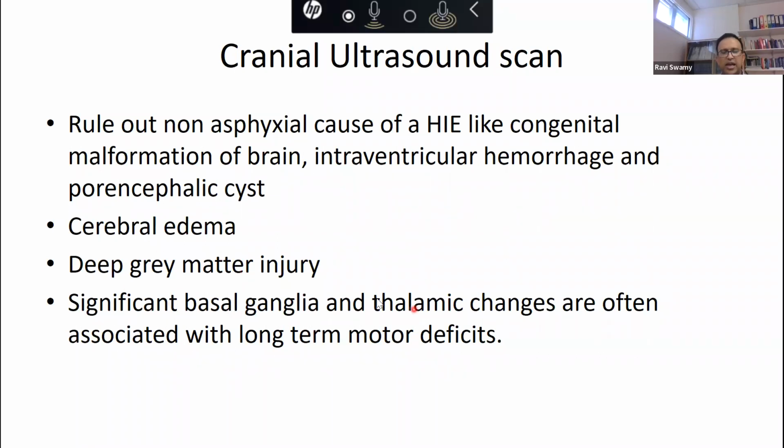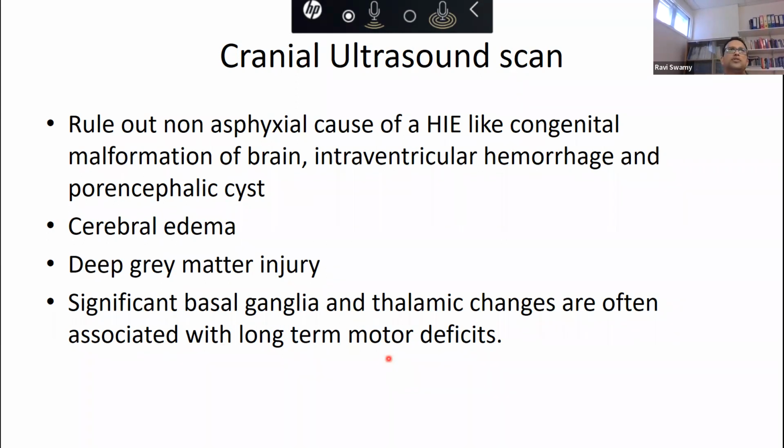Significant basal ganglia and thalamic changes are the main reason you look for long-term motor deficits. So when you want to predict long-term outcomes, you are looking for what we call the BGT lesions. BG is basal ganglia and T is thalamus. BGT lesions are the main things which are associated with long-term motor outcomes.